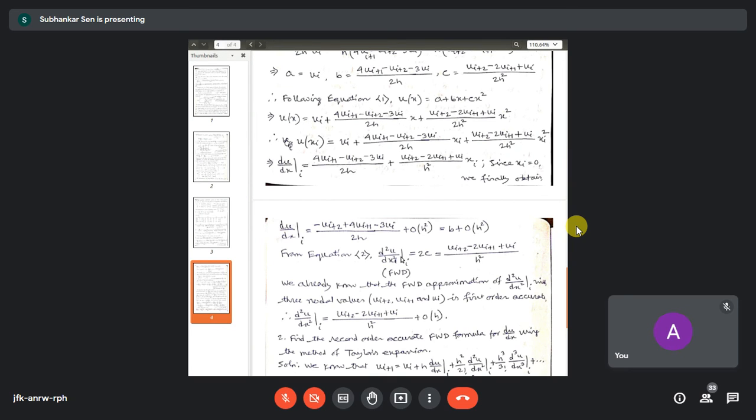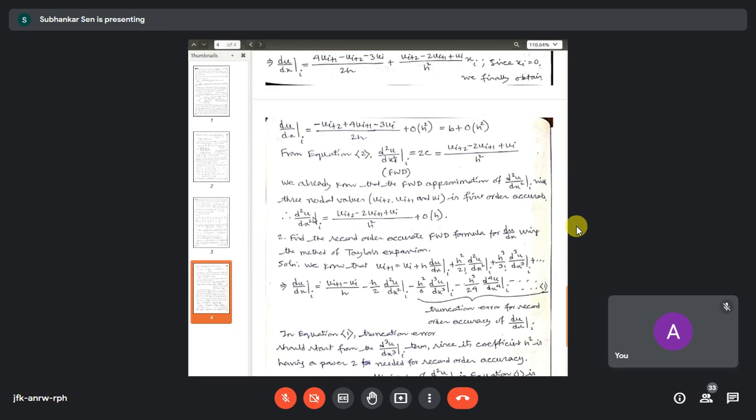I have already given you the class note on how to find this first order accurate formula for the second derivative. For the second derivative, if you have three terms, it means it is first order accurate. For the first derivative, if you have three terms, it means it is second order accurate.